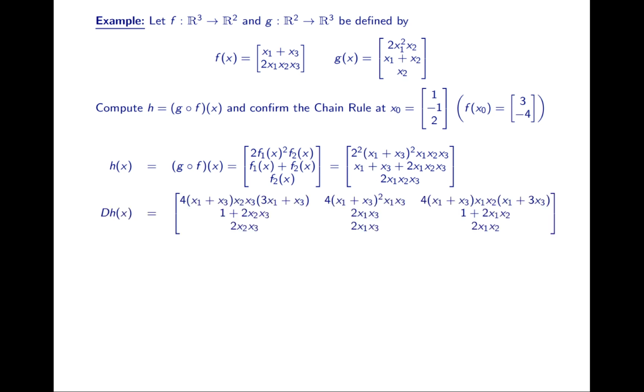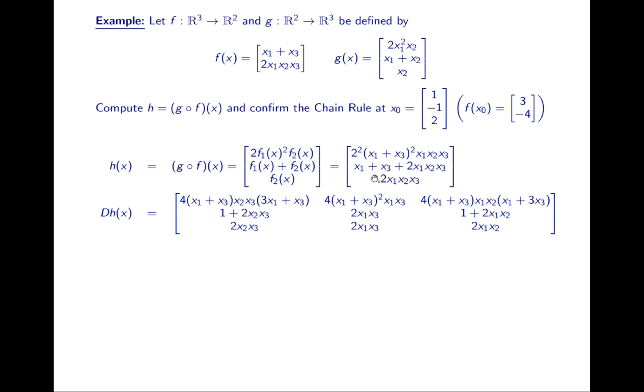So I can compute all the derivatives. The formula for the derivative is given by the Jacobian matrix. So I can take all of my partial derivatives. If I take all 3 partial derivatives of this, I get the top row. If I take all 3 different partial derivatives of this, I get the second row.